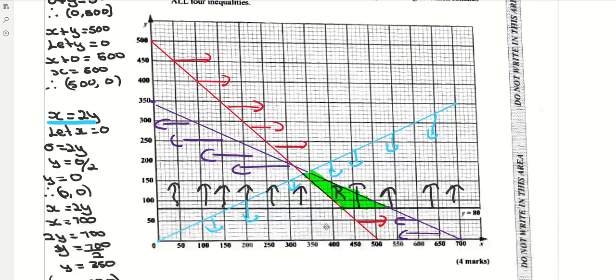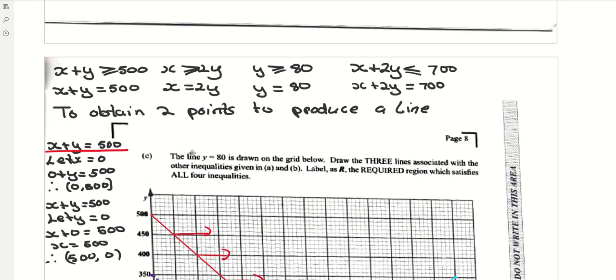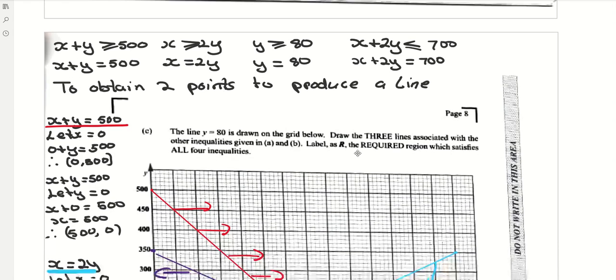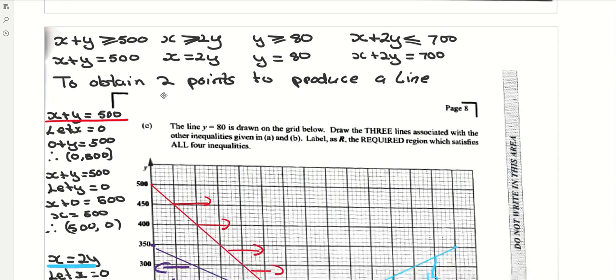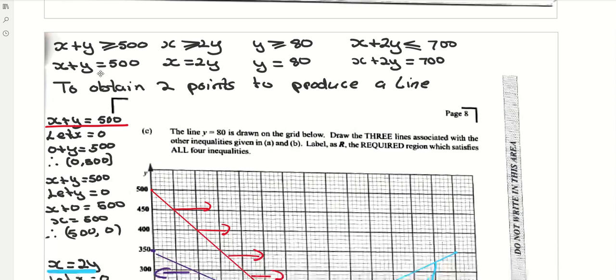So now we are going to find R. This is the region that satisfies all 4 inequalities. So x plus y is more than or equal to 500. What you're going to do is choose a value for x.